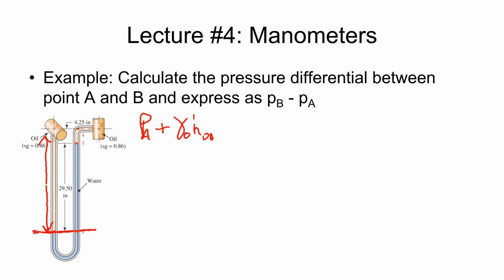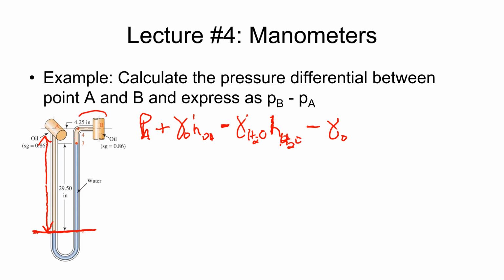And then on the other side, I'm going to have some water, so that's going to be counteracting my oil. So I'm going to say minus the gamma of water times the height of that water. And then minus the specific weight of my oil.